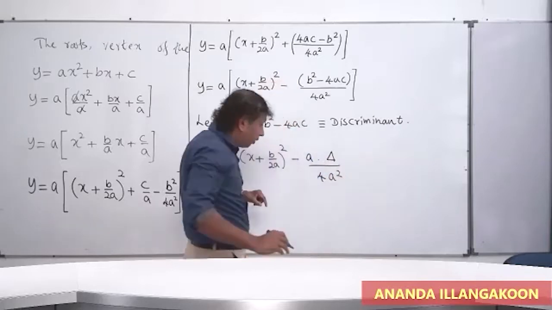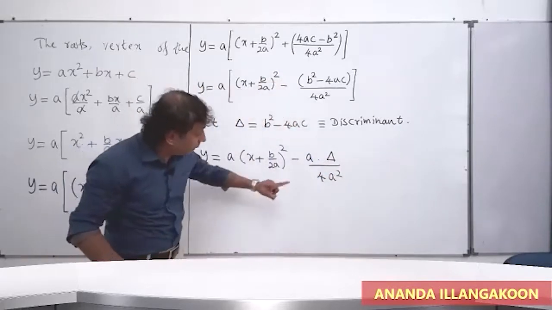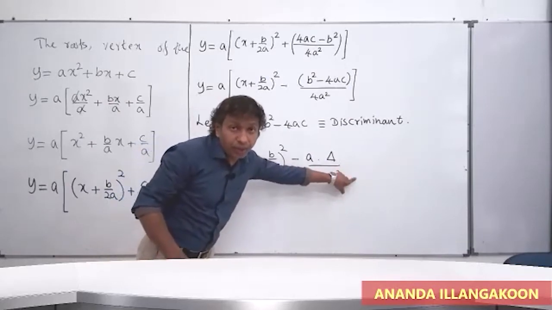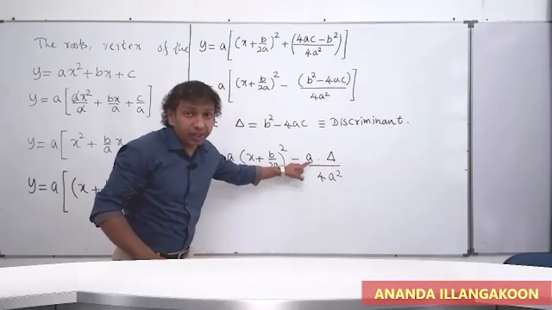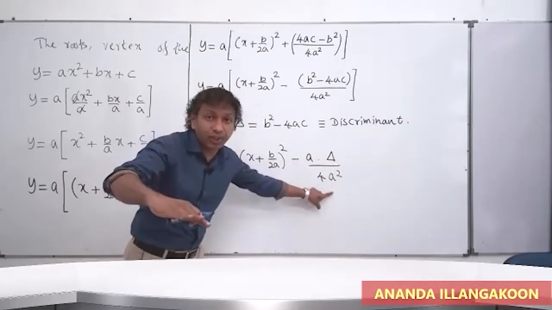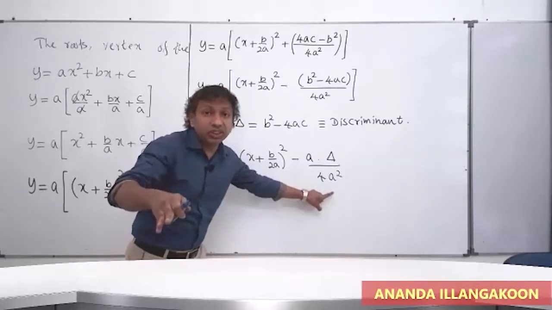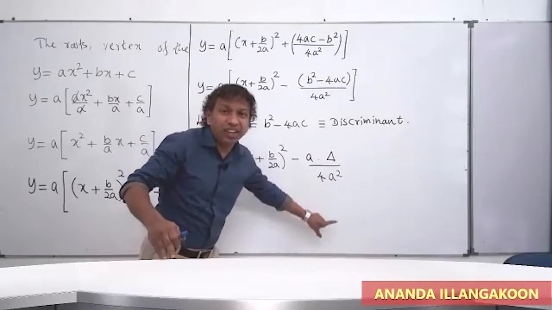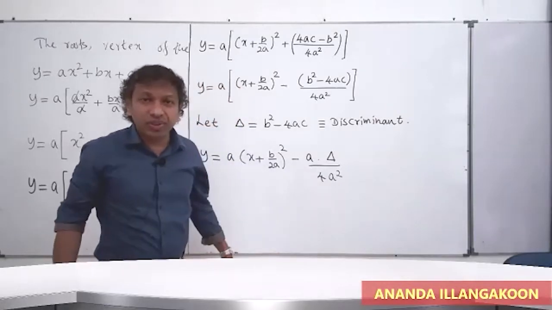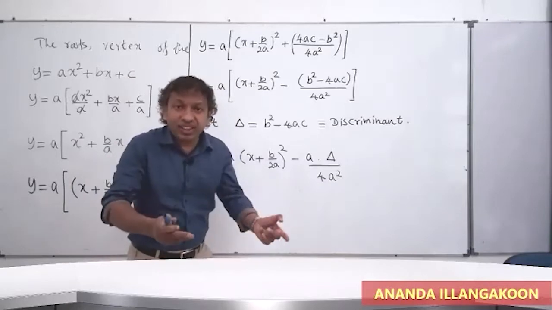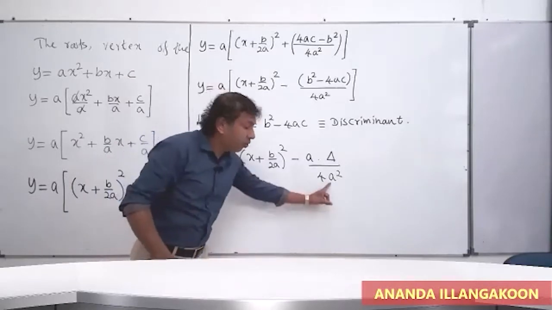divided by 4a squared. A certain cancellation you can do here. a squared means a into a. One a you can cancel with this a. Another a should remain at the denominator. If we use another step to show a squared as a into a, that is a useless step. So finally, after cancellation, only one a should remain at the denominator.